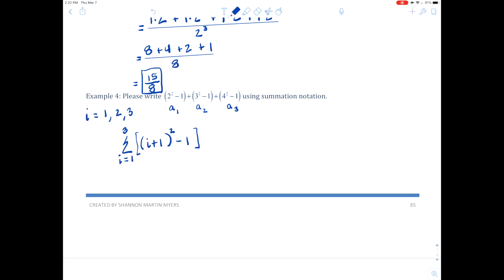And then what happens if I simplify that? Well, this would end up being the sum from I equals 1 to 3 of I squared plus 2I plus 1 minus 1, right? Which in turn is equal to the sum from I equals 1 to 3 of I squared plus 2I, right?